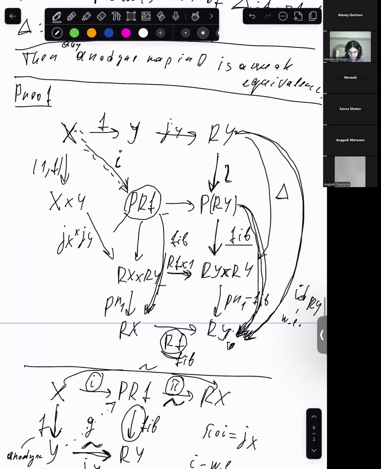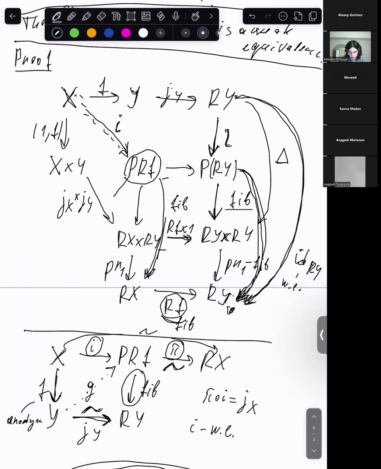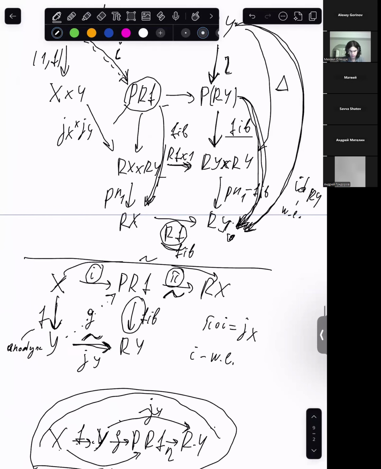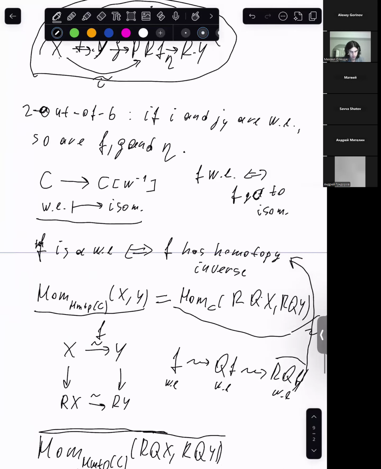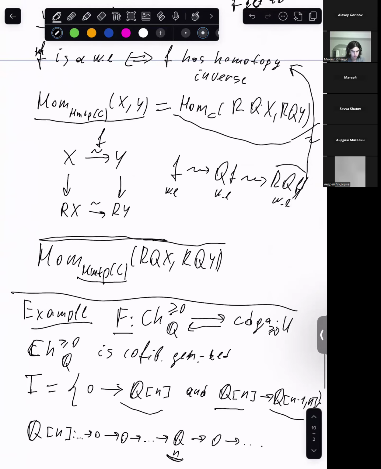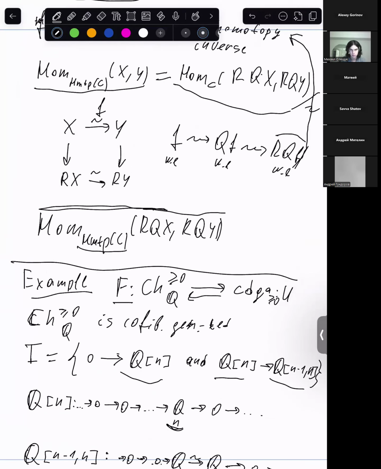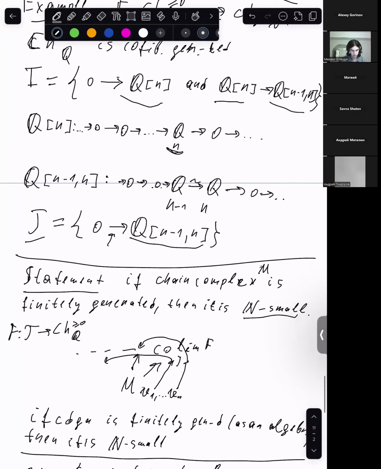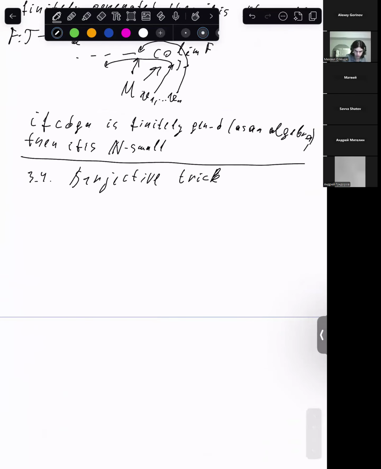What are fibrations in the category of CDJs? The fibrations are component-wise surjections. So the fibrations are very simple, they're just degree-wise surjective maps.